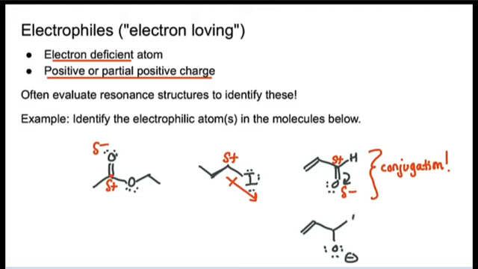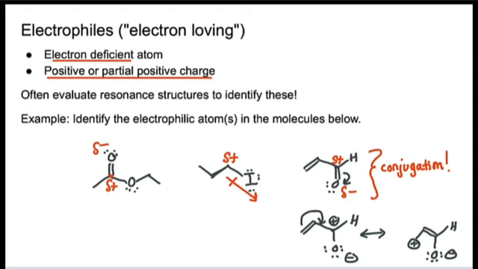So we can definitely form this and then show the other resonance form that allows us to pinpoint another very electron-loving carbon atom. Now we've identified another equally positive carbon atom in the structure through resonance.